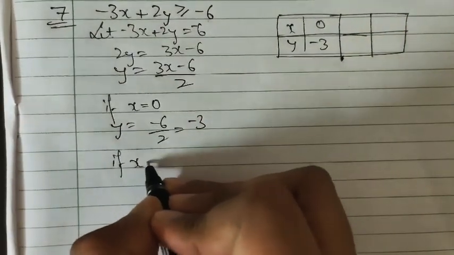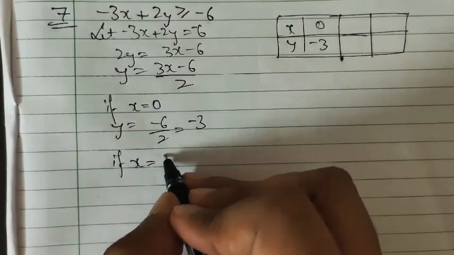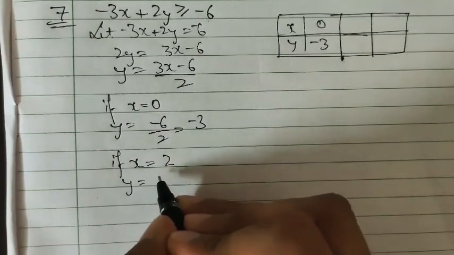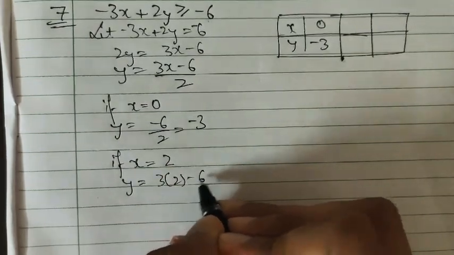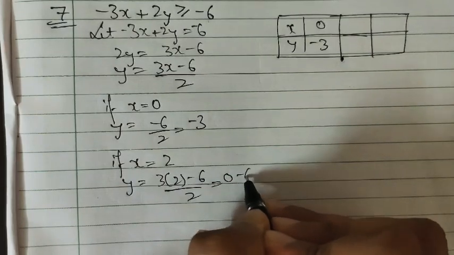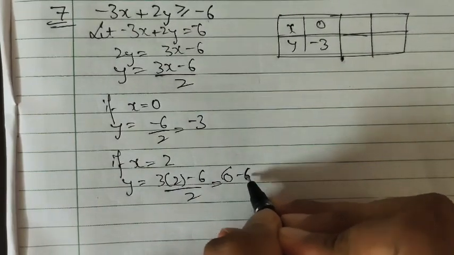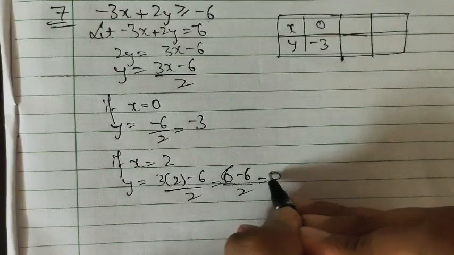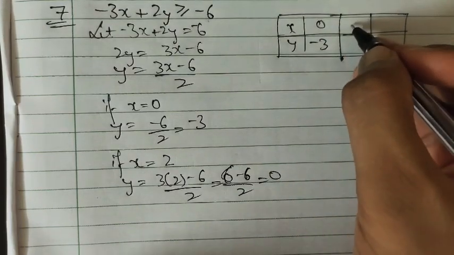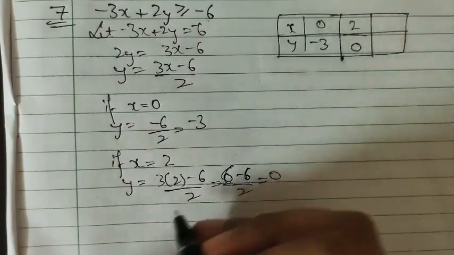If x is equal to 2, then y is equal to (3 times 2 minus 6) upon 2, which is 6 minus 6 upon 2, equal to 0. So if x is 2, y is 0.